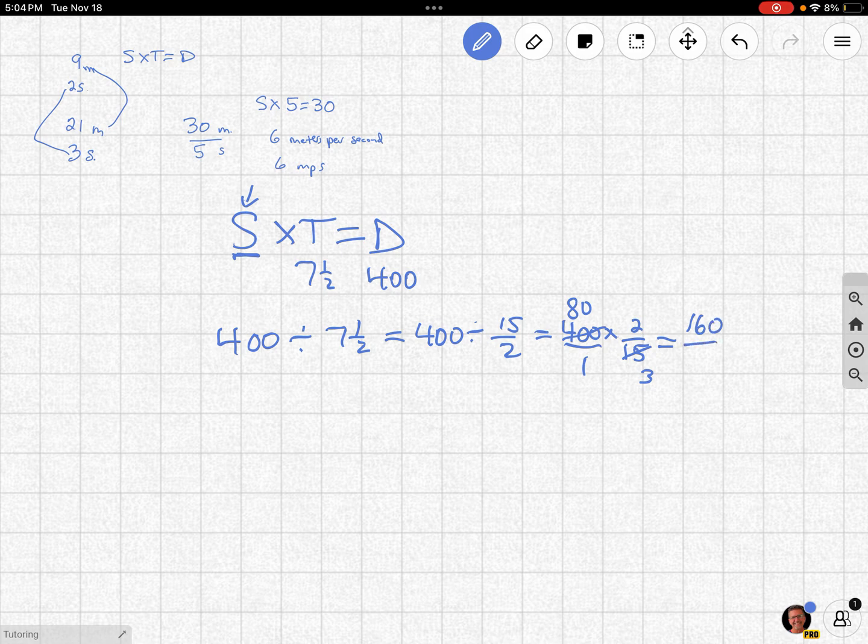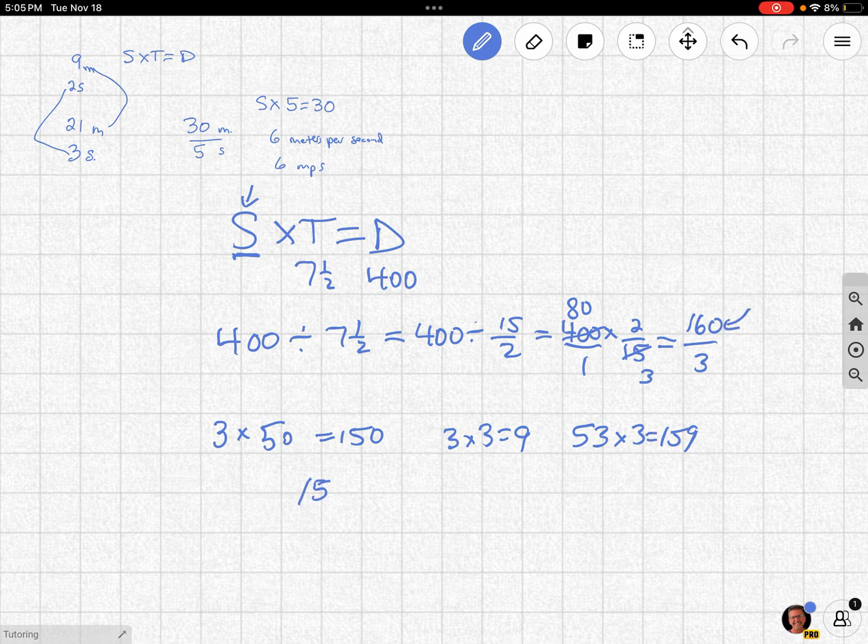And 1 times 3 is 3. And 3 times, this is my mental process, 50 is 150. And then 3 times 3 is equal to 9. So that means 53 times 3 is 159. And so I have 1 left over.